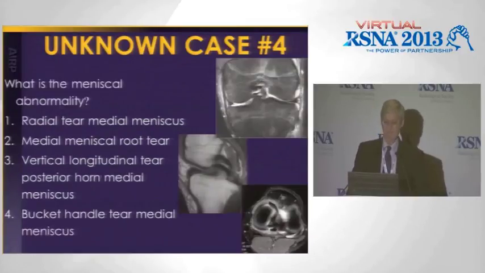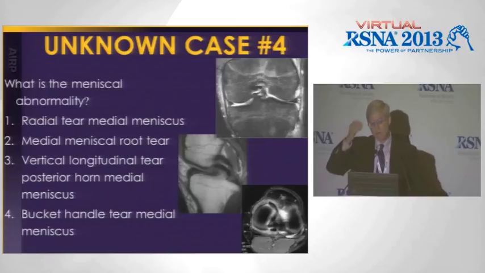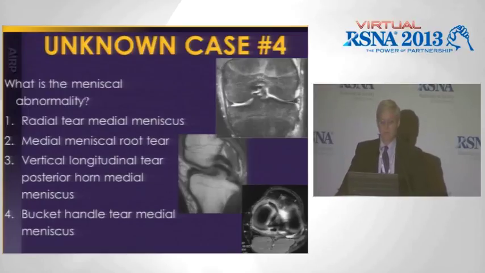Go to the next one. Okay. What is the meniscal abnormality? Radial tear of the medial meniscus, medial meniscal root tear, vertical longitudinal tear of the posterior horn of the medial meniscus, bucket handle tear of the medial meniscus.